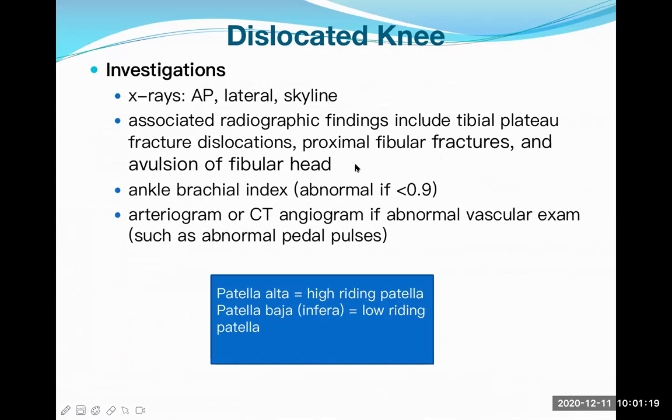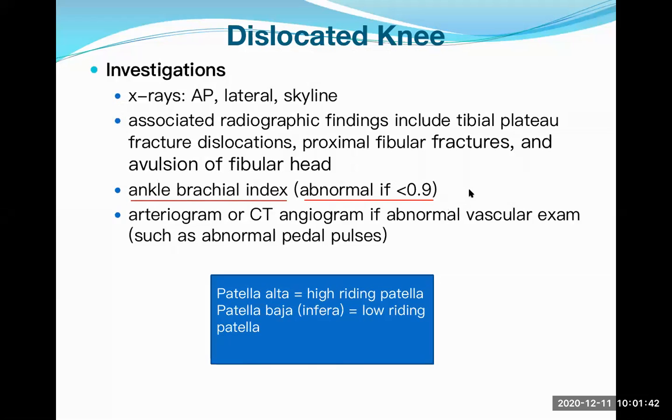And if fractures are associated with dislocation, we call it a complicated type of dislocation. One important point here which we would like to highlight is that the ankle brachial index has to be measured, and if it is less than 0.9, it is abnormal.